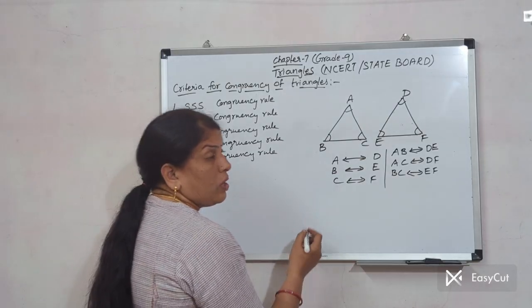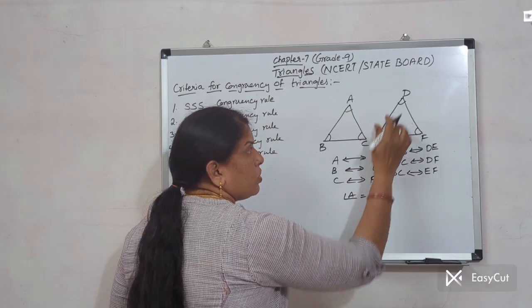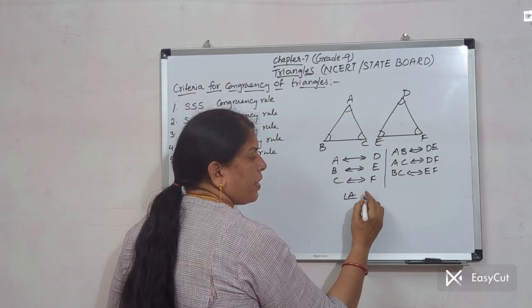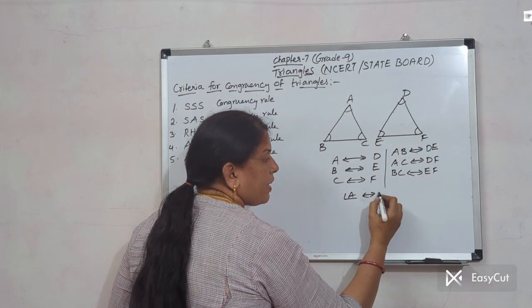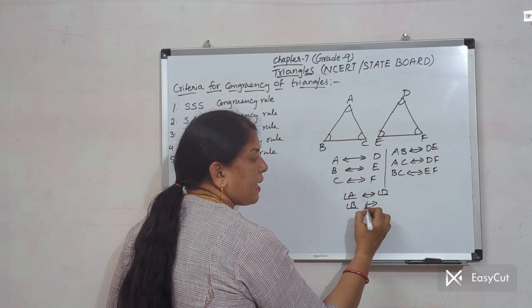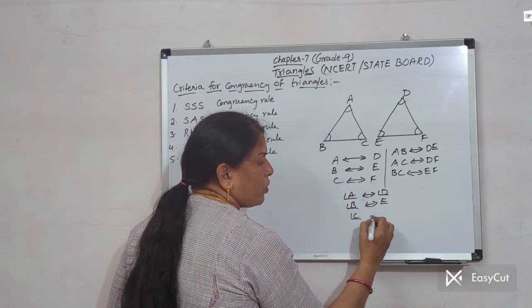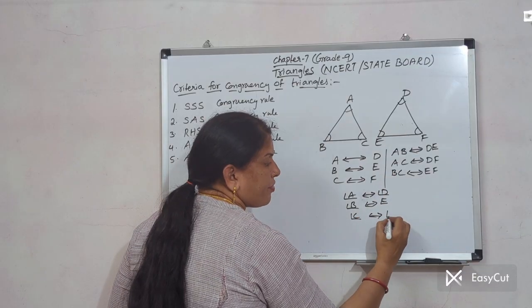Now according to angles, angle A is corresponding to angle D, angle B is corresponding to angle E, angle C is corresponding to angle F.